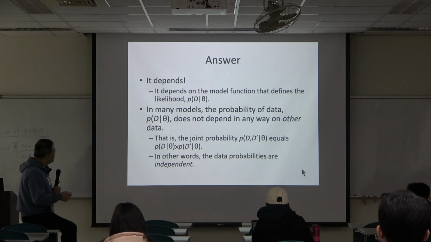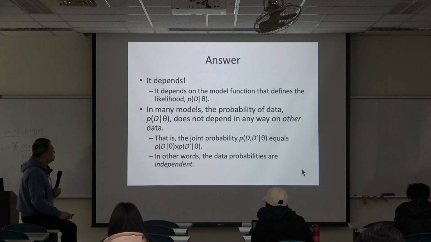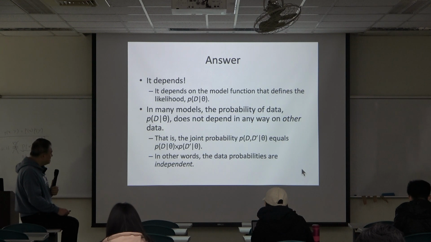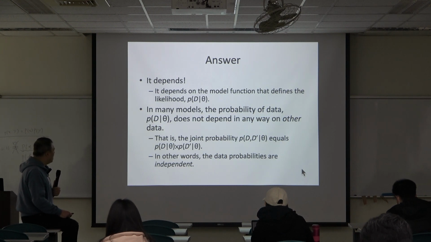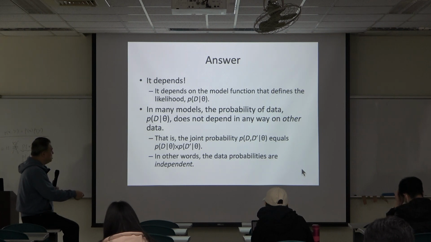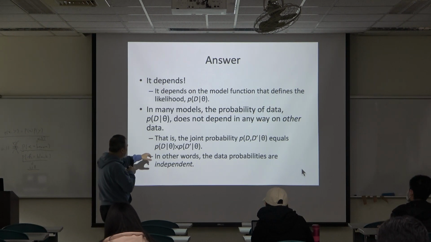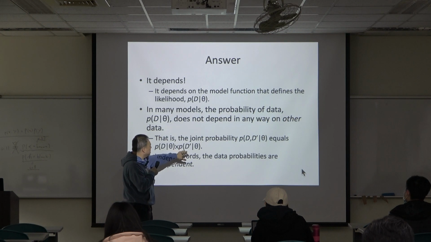This is hard to say. It depends on the model function that defines the likelihood. In many models, the probability of data does not depend in any way on other data. So the joint probability of d prime and d on condition of theta will be the same as p of d on condition of theta times p of d prime on condition of theta.